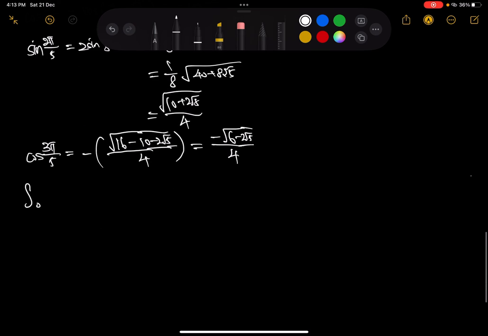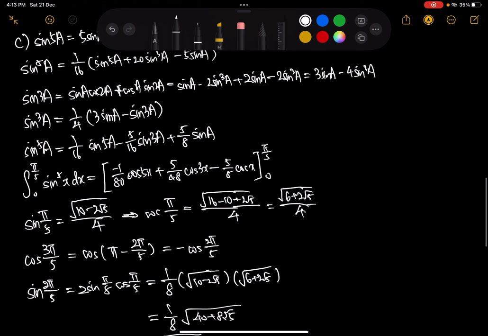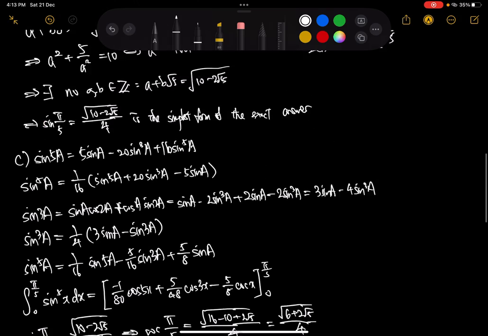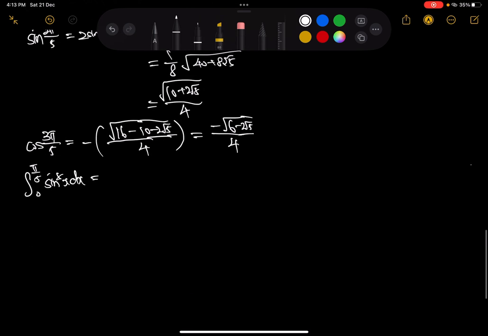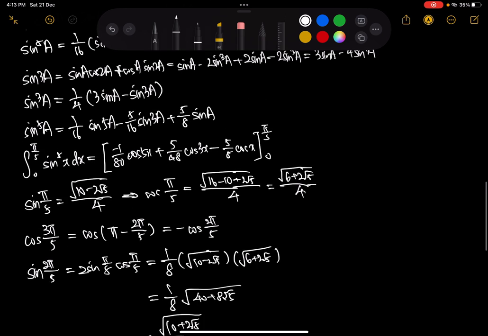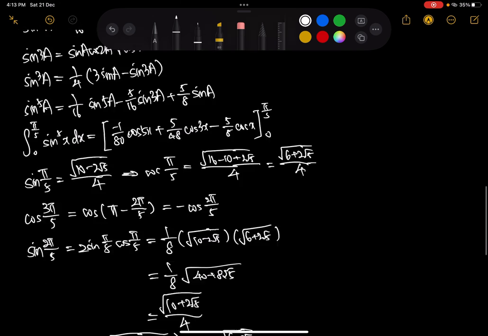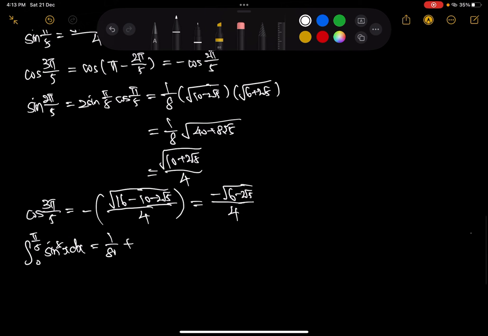So we have the integral from 0 to pi over 5 of sine to the power 5 dx is equal to, that's a huge chunk. So negative 1 over 80 cosine pi is 0. Cosine pi is negative 1, not 0. That sounds stupid, not gonna lie. So we have 1 over 80 plus 5 over 48 cosine 3 pi over 5.